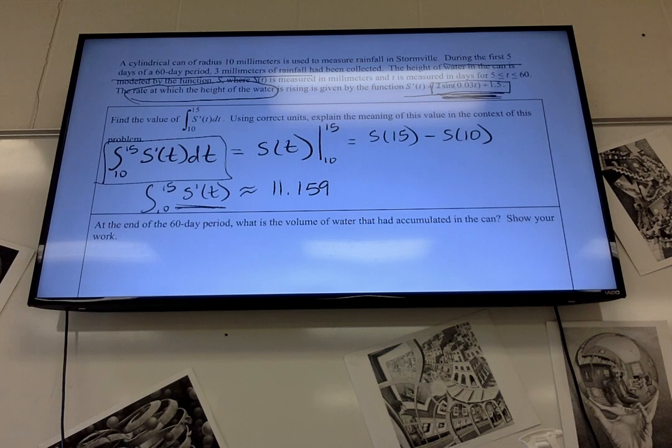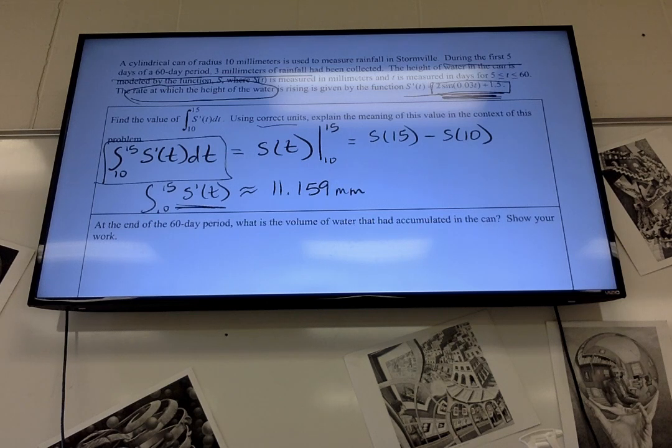Okay, so using correct units, explain the meaning of this value in context of the problem. Let's do units first. It is millimeters because we're taking the antiderivative of the derivative. So it's not a rate anymore. It's position.